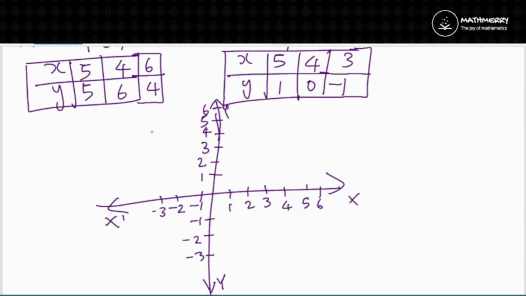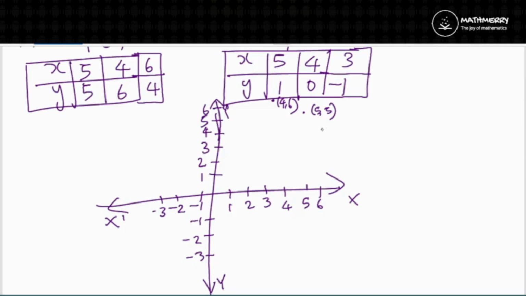So first 5 and 5. It will come something like this, this is our 5 and 5. Then 4 and 6, it will come something like this, 4 comma 6. And 6 comma 4.